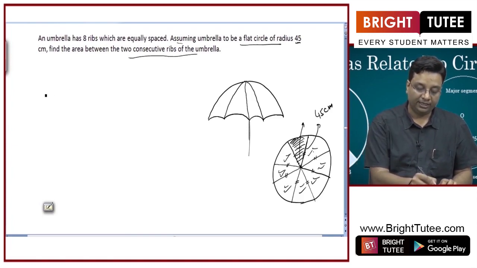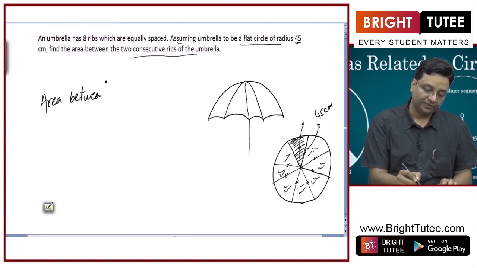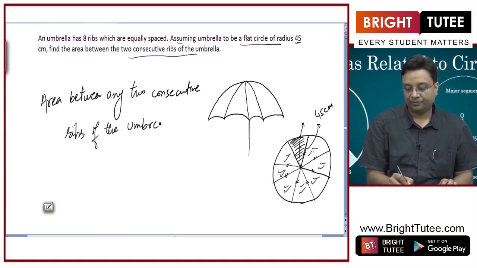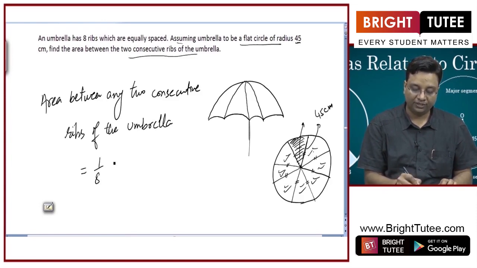So the area between any 2 consecutive ribs of the umbrella will be equal to 1/8 of the area of the circle. And what is the radius of this circle? 45 centimeter.